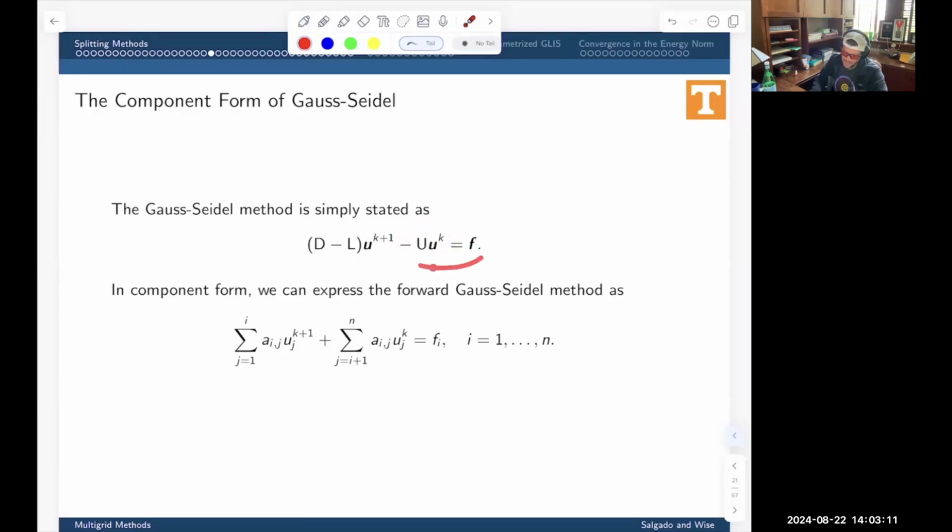We're going to bring it back over with its brothers or sisters, and we're going to recognize that this one is attached to the uk. So what does this look like? Well, if we break this into, again, row multiplications times some vector equals components of F, then what we get are things which look like this. We take a row out of A and we multiply it times this weird vector, which is partly k plus 1 and partly k, and set it equal to F.